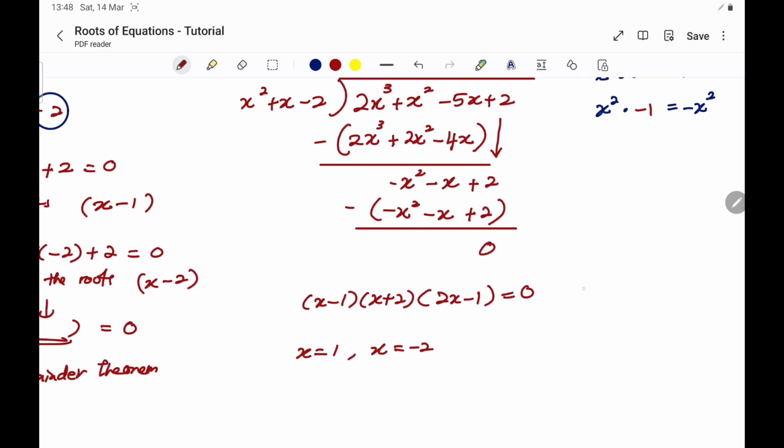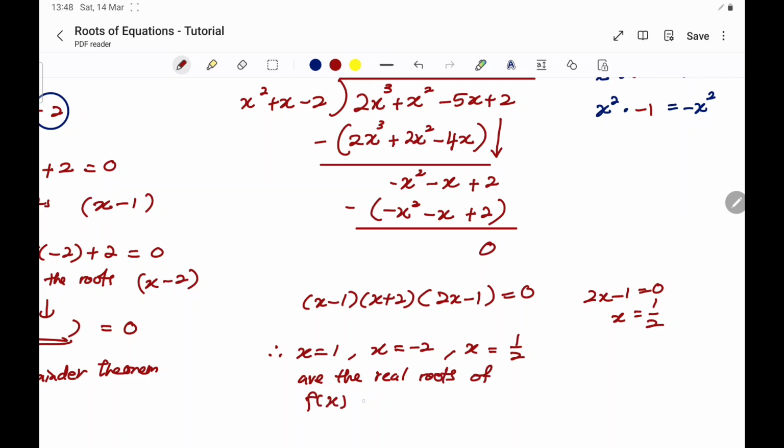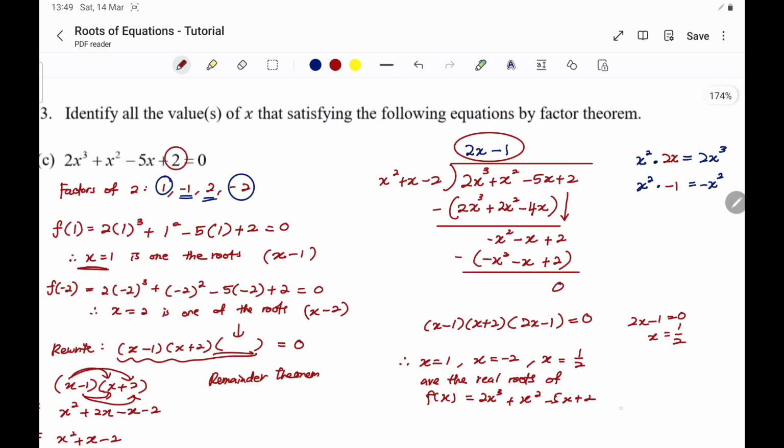Now for 2x minus 1, you make it equal to 0, find the value of x, and you're going to get 1 over 2. So you got all of these three values of x, which are 1, negative 2 and 1 over 2, the real roots of the function f(x) equal to 2x cubed plus x squared minus 5x plus 2.